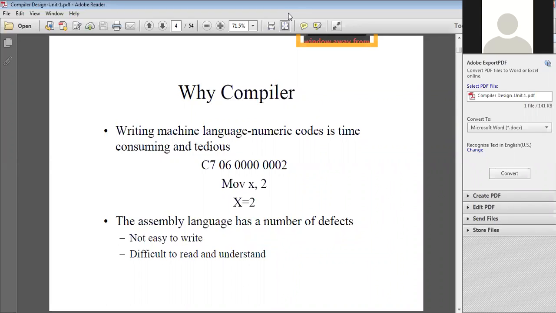Writing machine language numeric codes is time consuming, because earlier we were writing programs directly in machine language, but it is very difficult to write the program. It is very difficult to debug the program because we cannot debug it easily. So after some time we got the compiler, and we can easily convert our high level language into machine language.